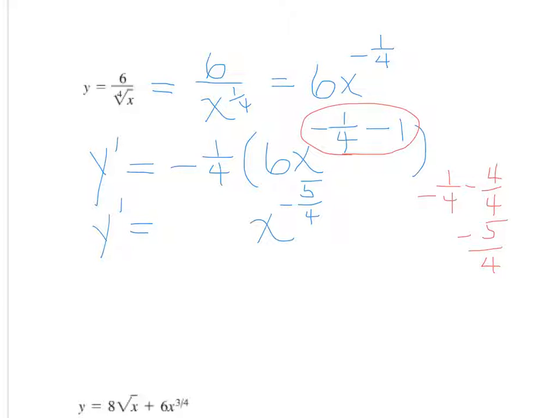And then the next thing that we want to do is we want to take care of negative 1/4 times 6. And that is the equivalent of negative 1/4 times 6 over 1, which is negative 6 over 4, or negative 3 over 2.